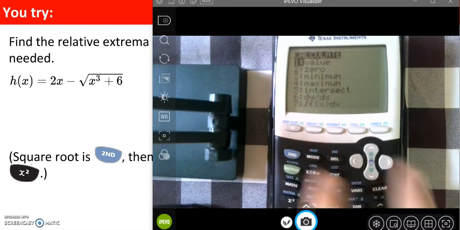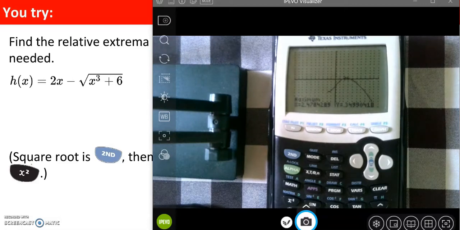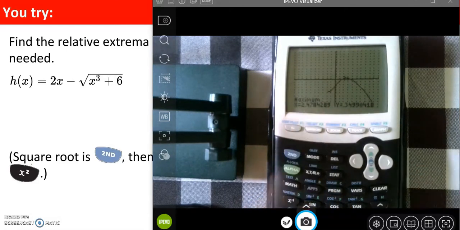Hit second and calc. I'm looking for a maximum. What would you guess that is? Maybe x equals 2.5. I'll type in a left bound of 1. I'll type in a right bound of 3, and I'll guess it's at 2. And there are the coordinates of the maximum point, right there. 2.478 and 0.350.